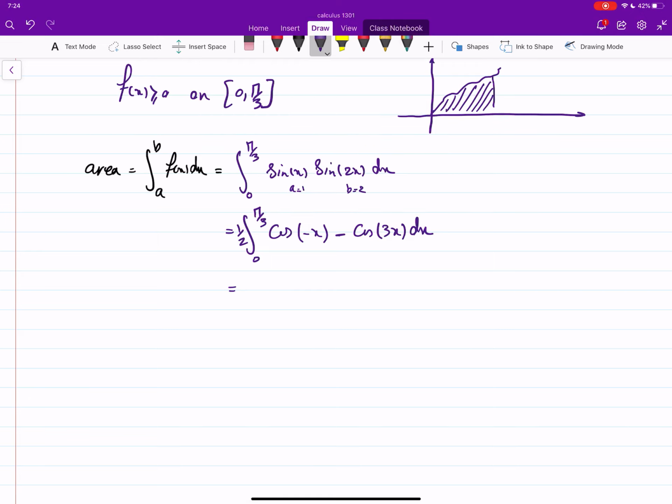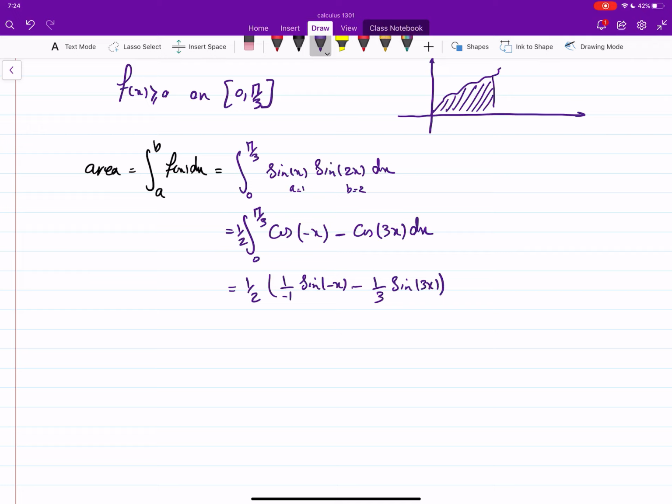So now I can do the integration by the formulas I had up above. So integral of cosine of minus x is 1 over negative 1 sine of negative x, and the minus cosine of 3x, the integral is 1 over 3 sine of 3x.